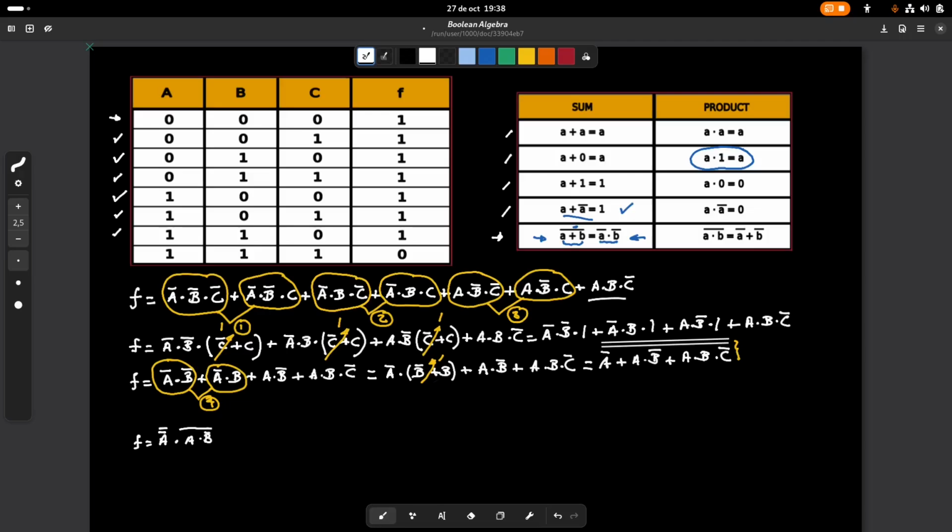and a and b and c negated, and I have to write the first negation, the upper negation here.